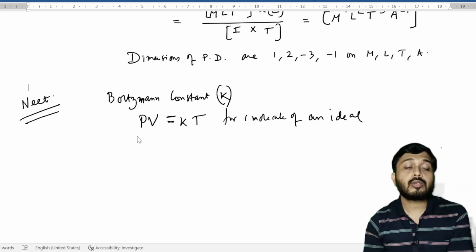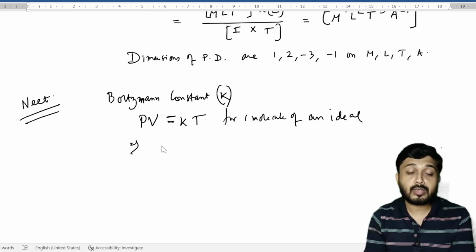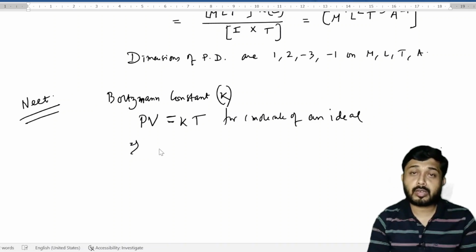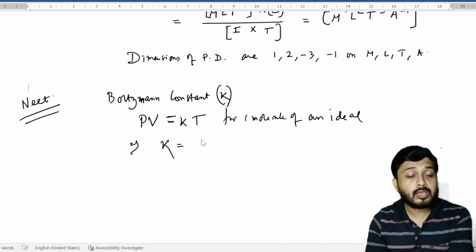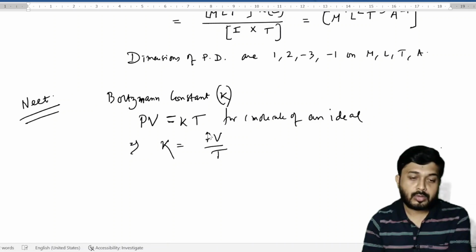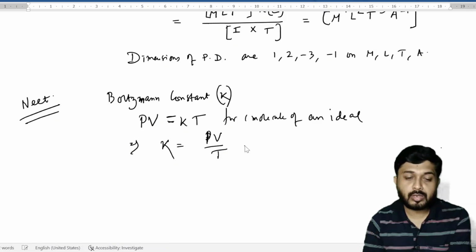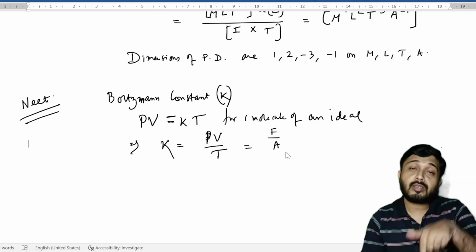Alright, so the equation PV equal to KT is going to be applied here in finding out the dimensional formula for Boltzmann constant. What is K? K is equal to PV divided by T, right? So here what is P? P is pressure. In place of pressure we can write F by A, thrust per unit area. Thrust is nothing but a force, a perpendicularly acting force.